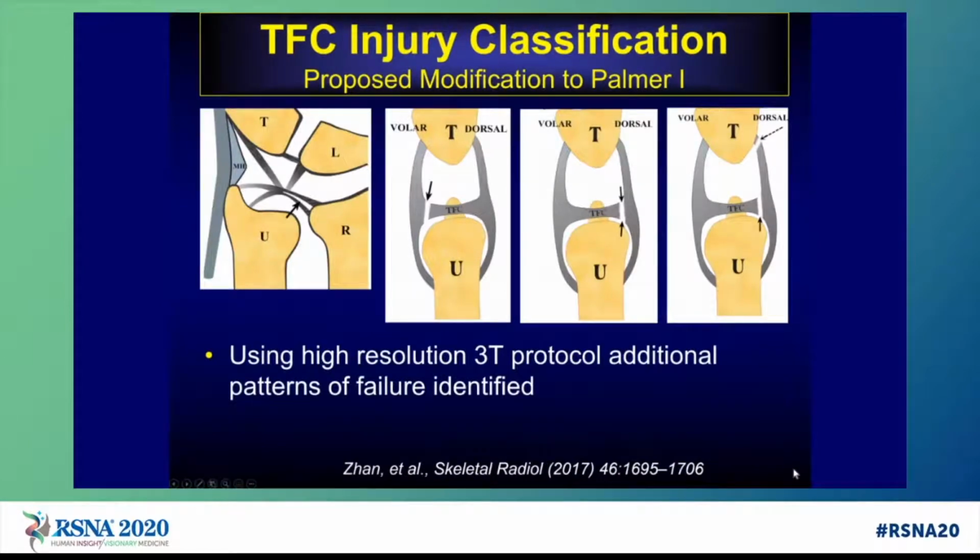A proposed modification in the contemporary MR literature suggests that we should be looking closely at the TFC attachments to those extrinsic ligaments of the wrist.